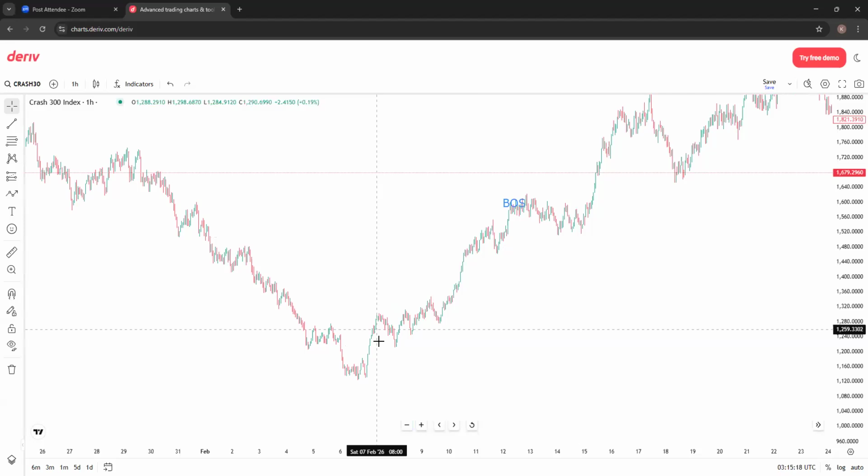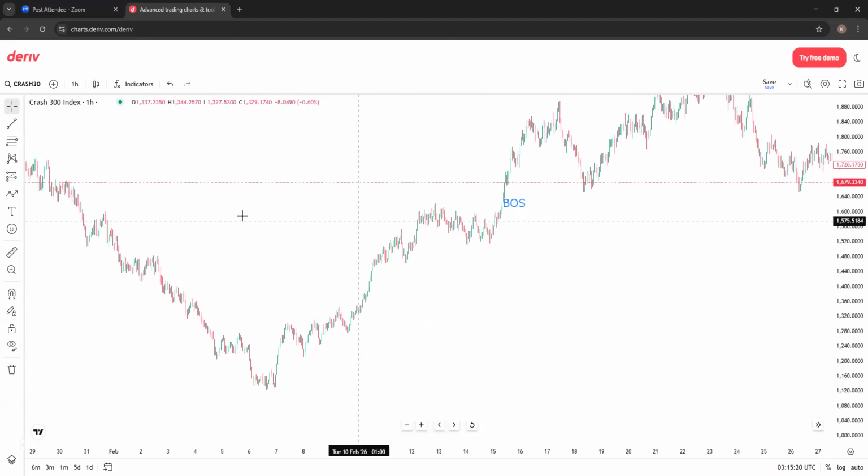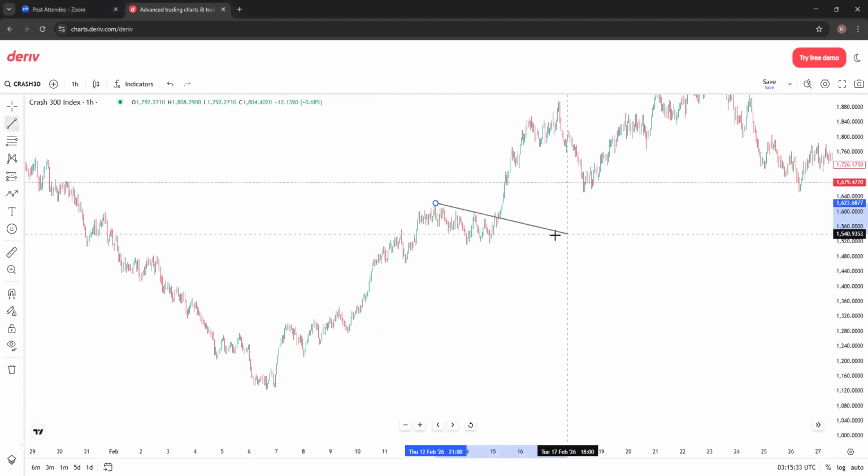But let me start with the pairs that are pushing to the upside. We have a flag here. Let me delete this. We have a flag here. I think that we can all agree that we can see a flag there.